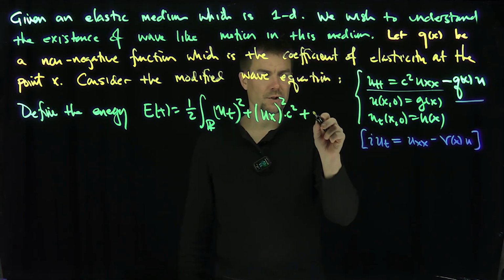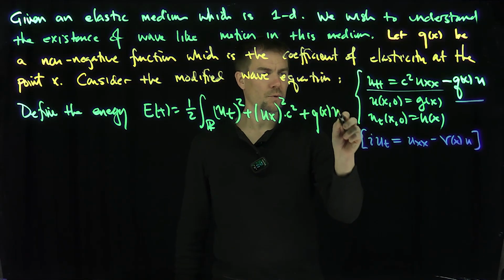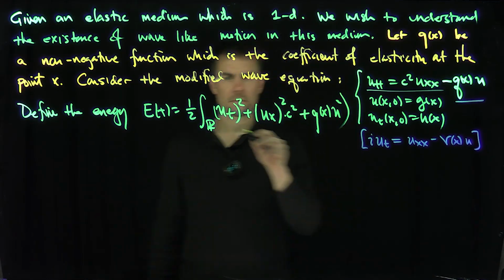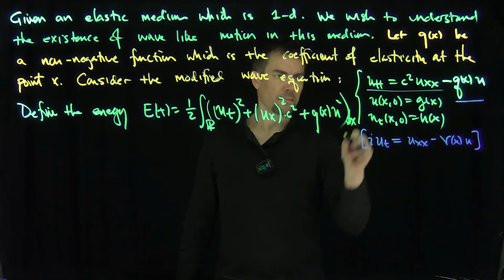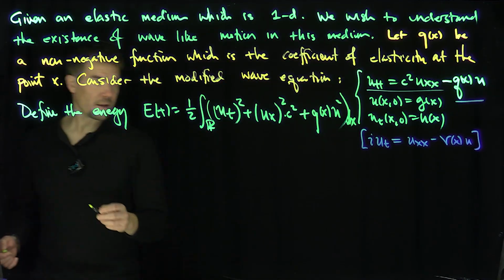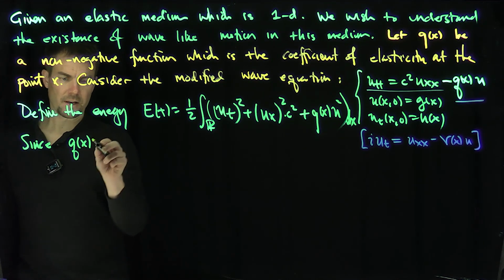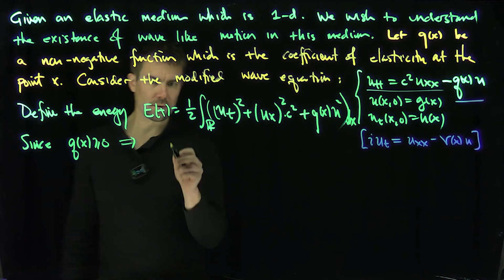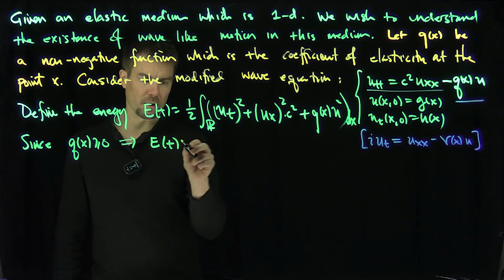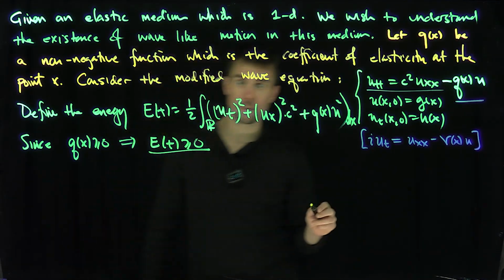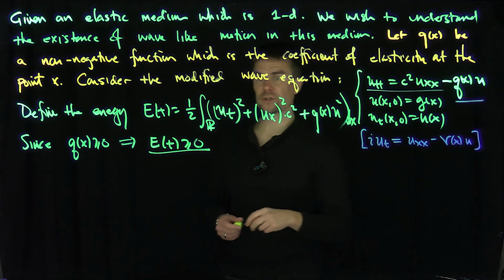I need a q of x u squared dx, okay? Now what's the key feature of this energy? Since q of x is greater than or equal to 0, that's going to imply that the energy E of t is always greater than or equal to 0, which is what we need. I don't want negative energy, okay?